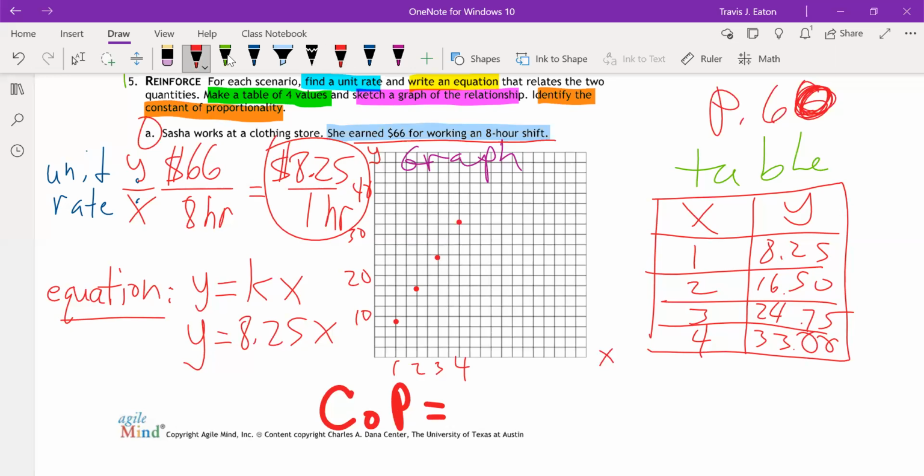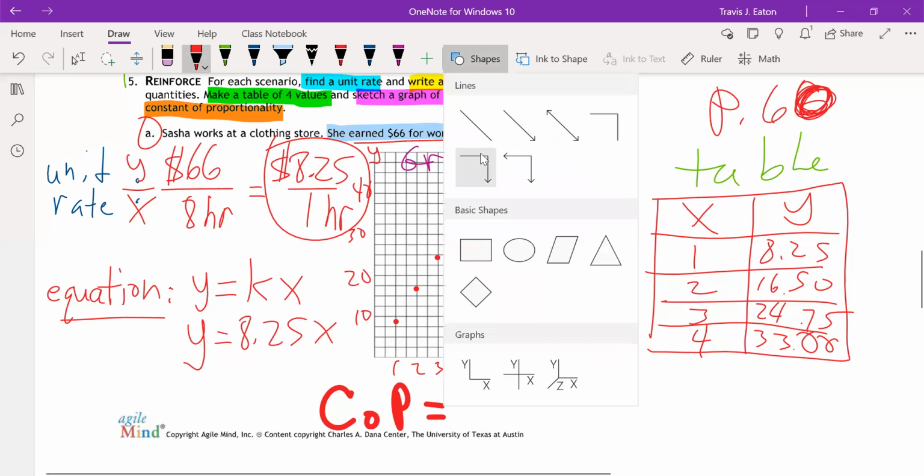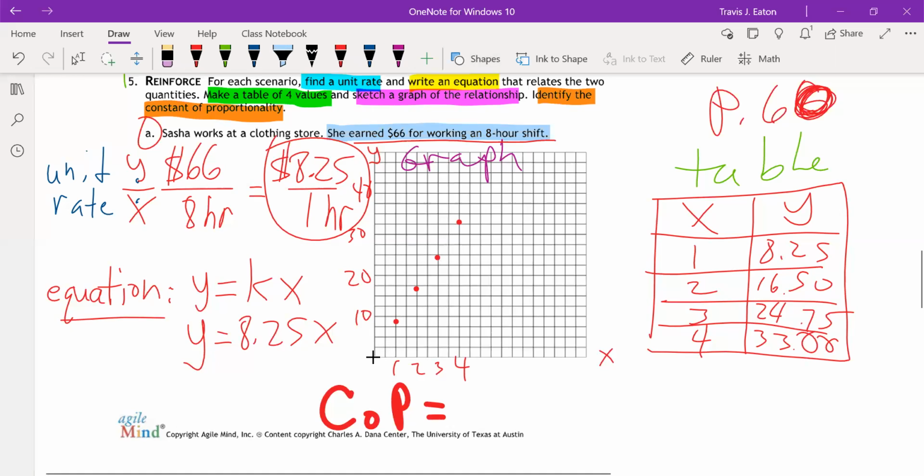Now, if we were going to graph this with a line, we can do that fairly easily here. Run it through our dots. And there's our graph, or as close as I could get it anyway.